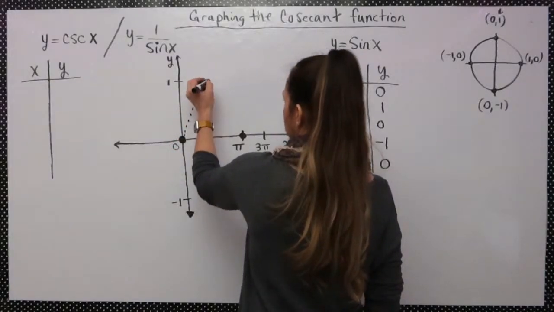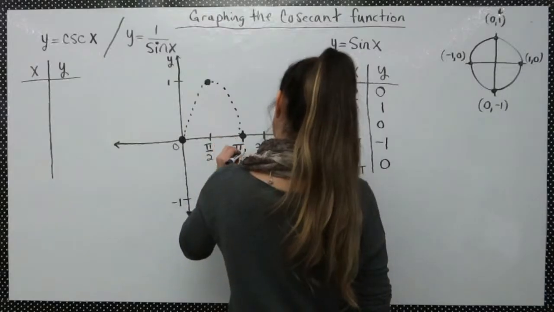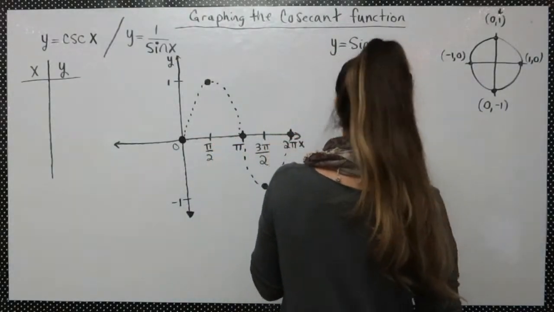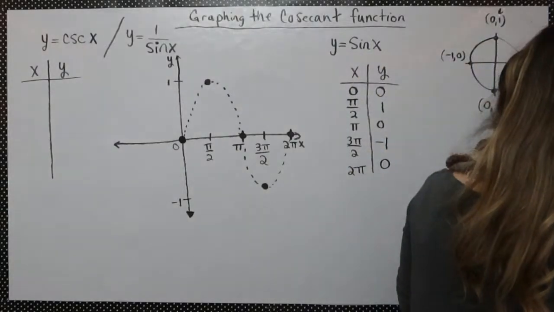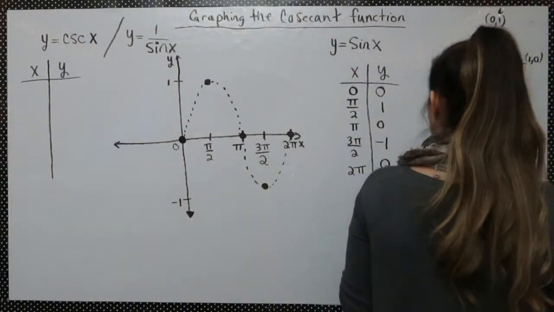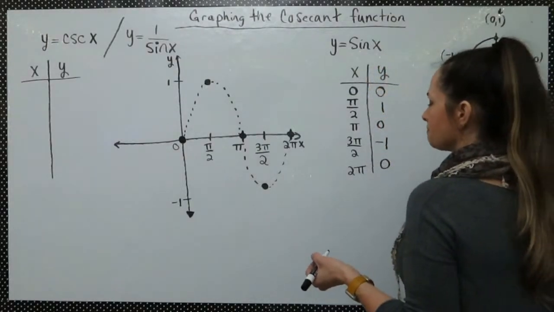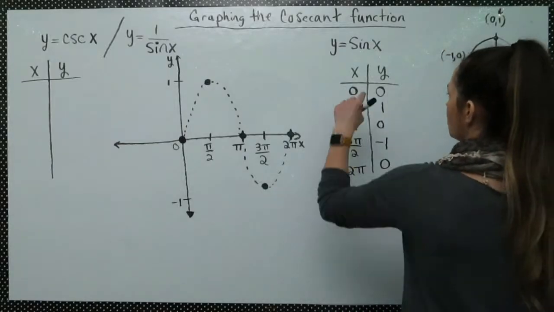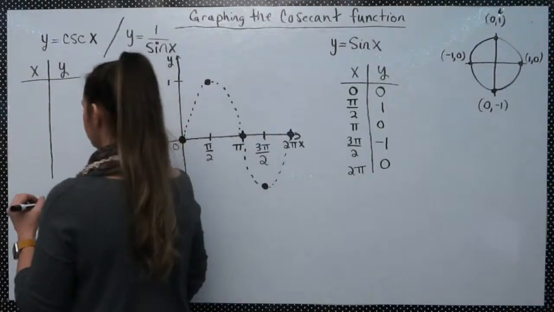We've got this sine function, general behavior, 0 through 2 pi. And this is going to help us to sketch the graph of cosecant because we can just take these points.